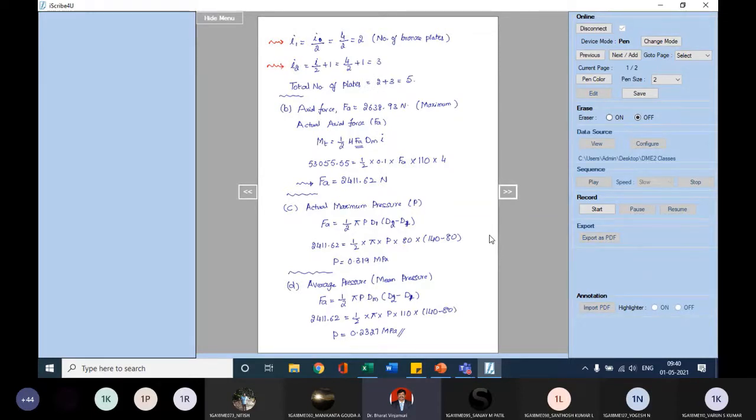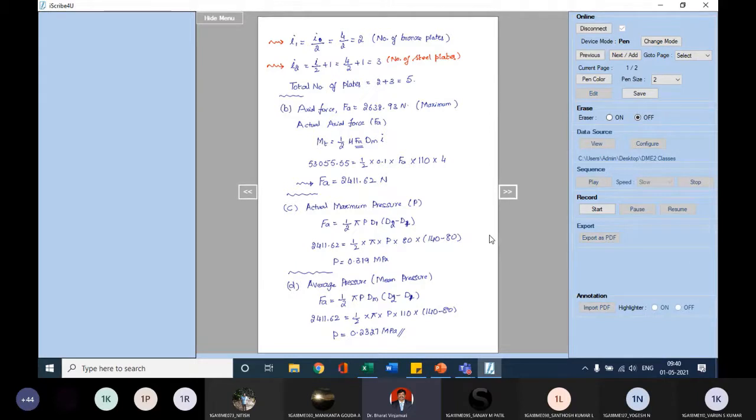I1 is the number of bronze plates and I2 is the number of steel plates. These are the values.